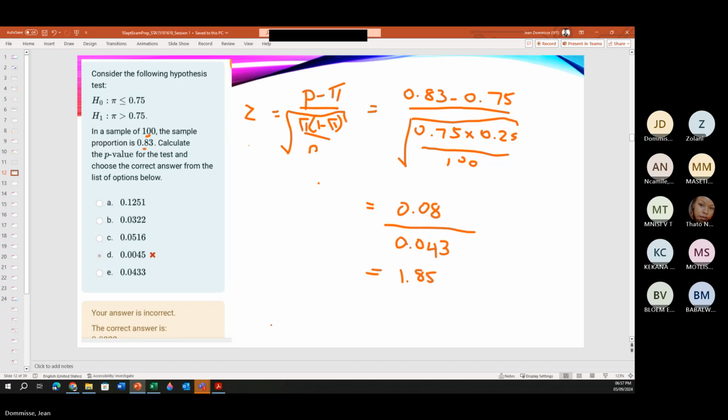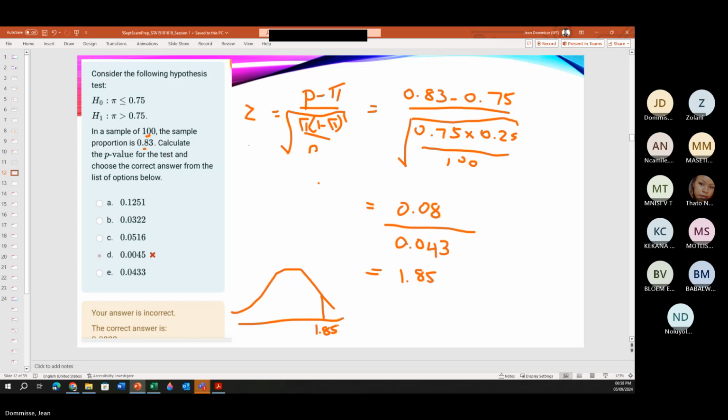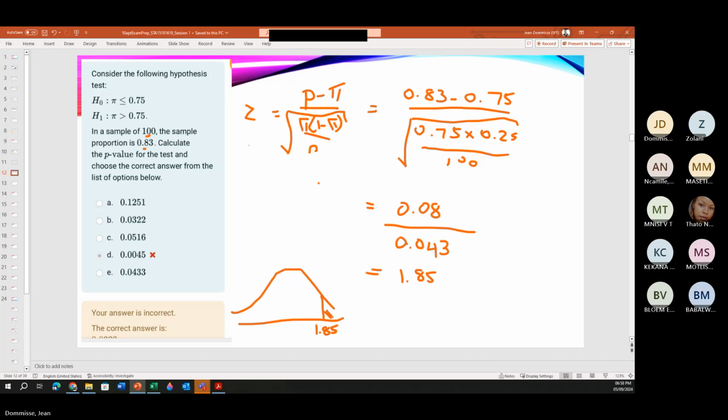1.85. So if I go again, I will need to go to the Z table, but let's see, 1.85. It is looking for my alternative hypothesis is bigger. So I'm going to look for that p-value.